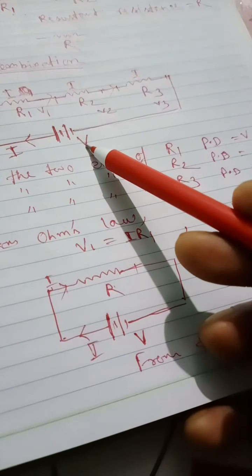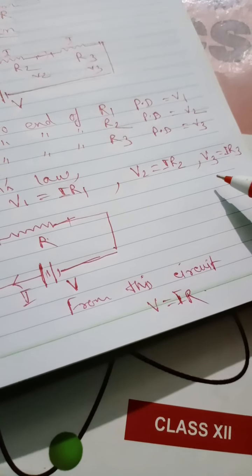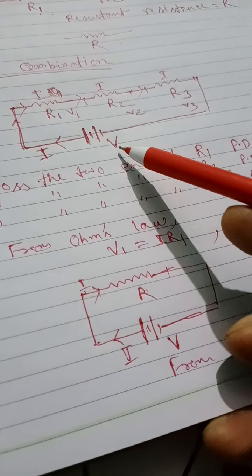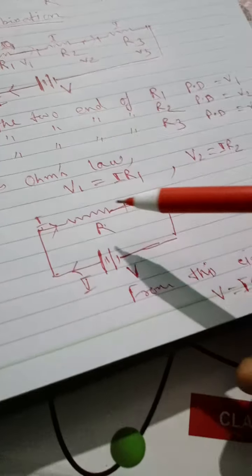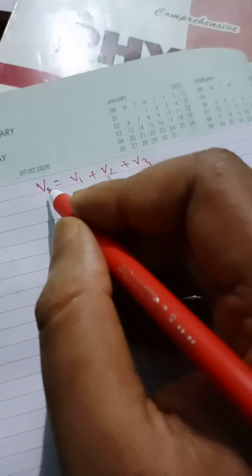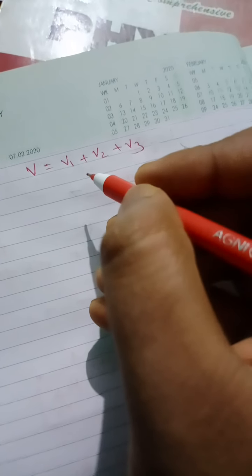Because of this V. Here V1, V2 and V3 across the different resistors are created due to the main supply voltage V. So we can write V is equal to V1 plus V2 plus V3, because we get V1, V2, V3 due to V. As V is supplied, that's why V1, V2, V3 are created across R1, R2, R3 respectively.